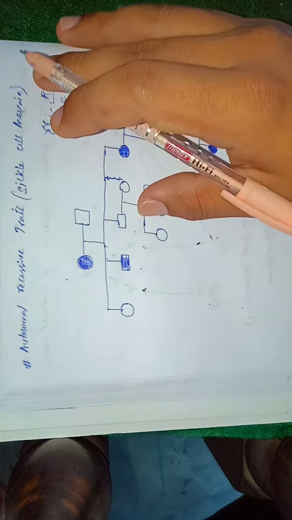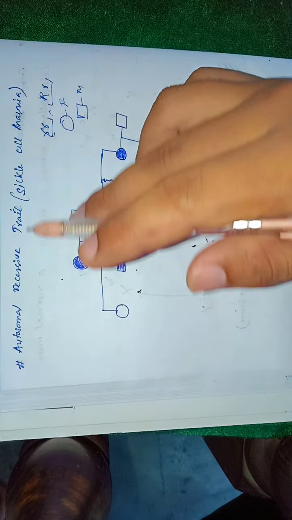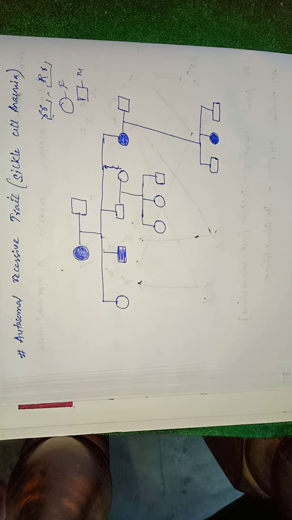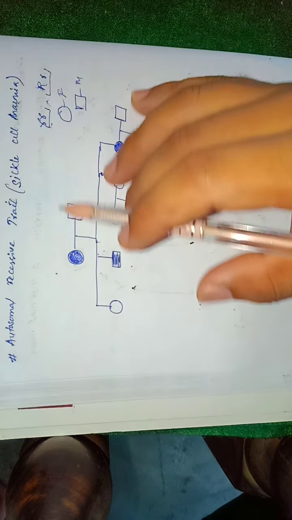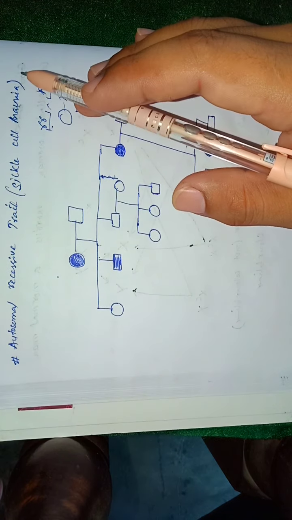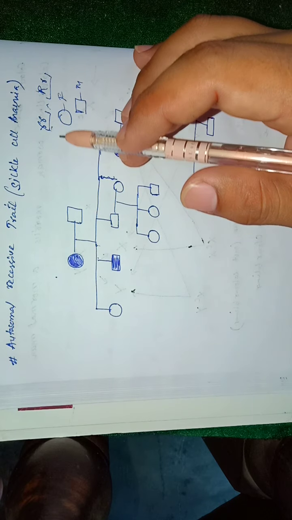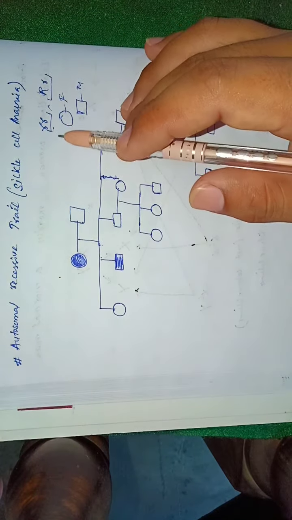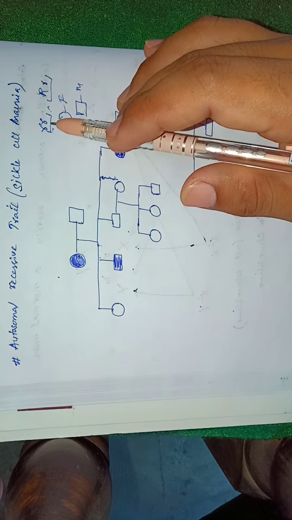Now, sickle cell anemia is an autosomal recessive trait, and in this graphic representation it is shown that this female is affected by sickle cell anemia. As I told you, sickle cell anemia is an autosomal recessive trait and will express only when it is in homozygous recessive form.